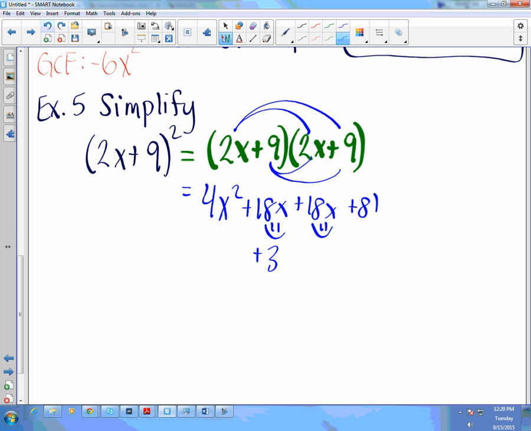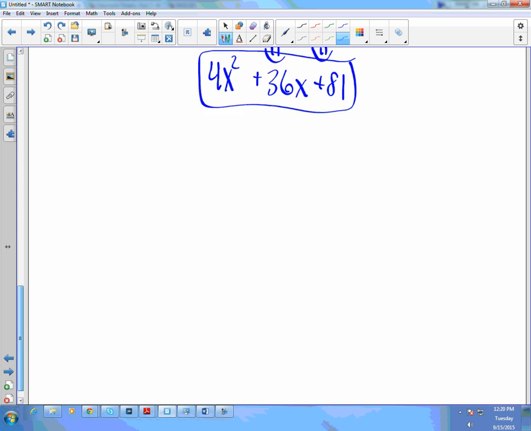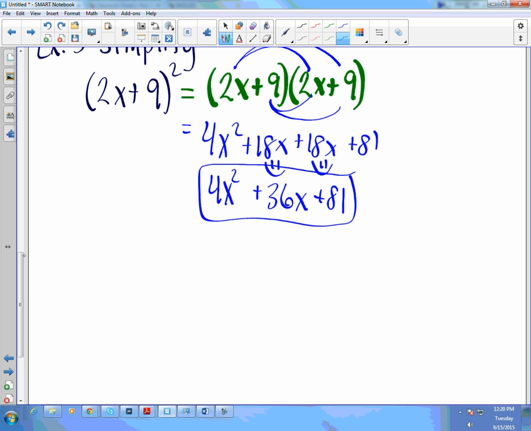It's 36x, not 36x squared. The exponent only changes when we multiply, so it's just 36x. Okay? X squared is a different value than x. Do I have any questions? Yes.